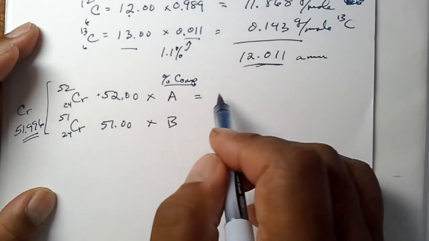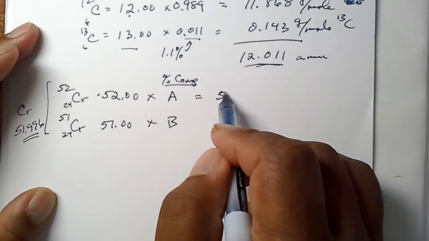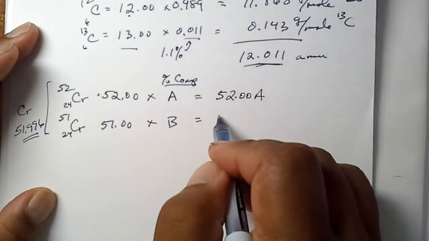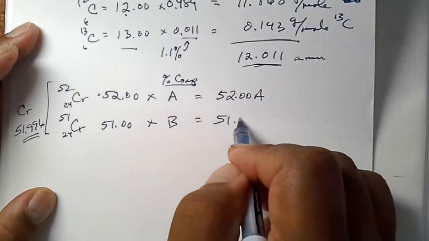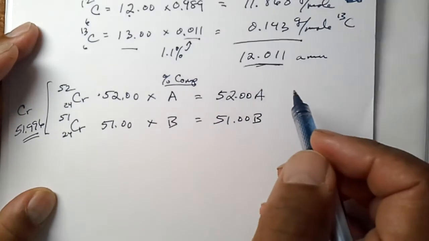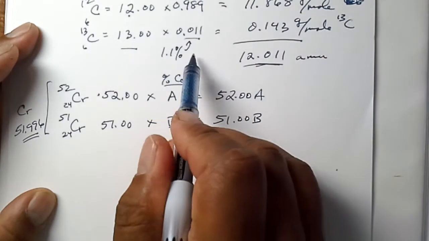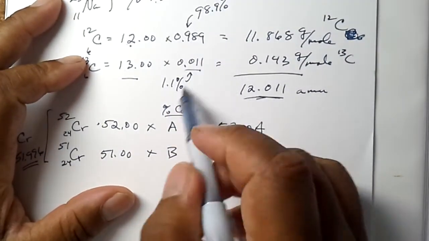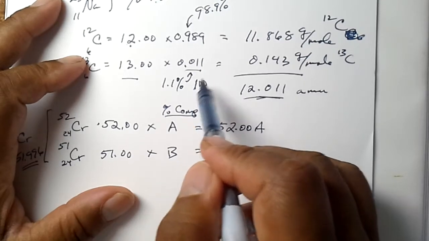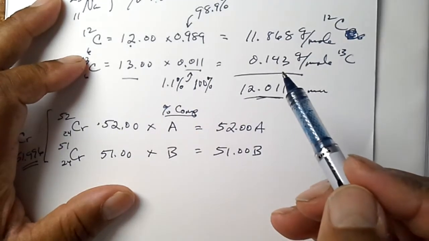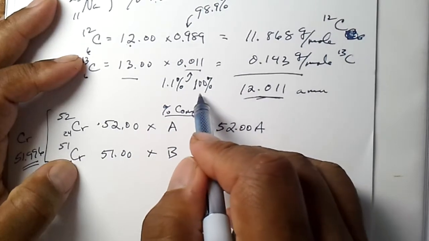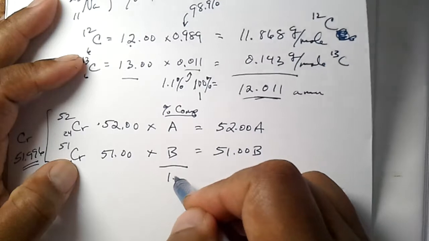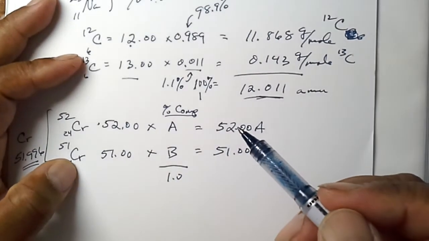And so what we end up with is an expression, 52A and 51B. Well, like above here, when you add up the percentages, you should get 100%, right? Just like before. If we express that decimally, that's equal to 1.0.